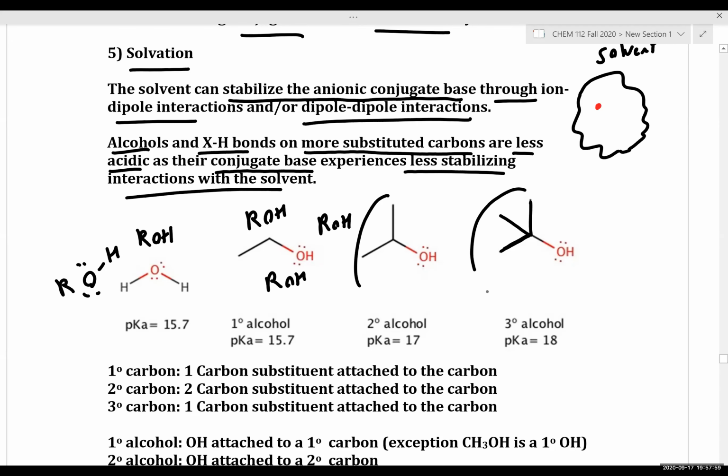However, when we start to build up increasing steric bulk, we have more substituents on our adjacent carbon. In turn, this bulky substituent prevents the solvent from surrounding and stabilizing our anion.